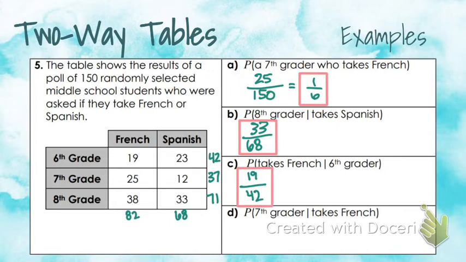All right, then part D says the probability that you choose a 7th grader given that they take French. So if we know they take French, we have 82 to choose from. Of those 82, 25 are 7th graders. And that one can also not be reduced.